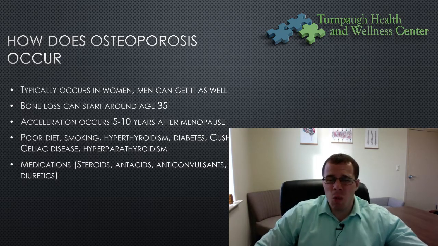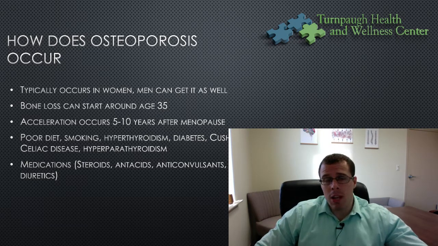The reason is that after menopause, we're stopping or reducing the production of hormones, mainly estrogen. That's a big contributor, but progesterone and testosterone also have a big contribution to bone mineralization. So that's something to be aware of.